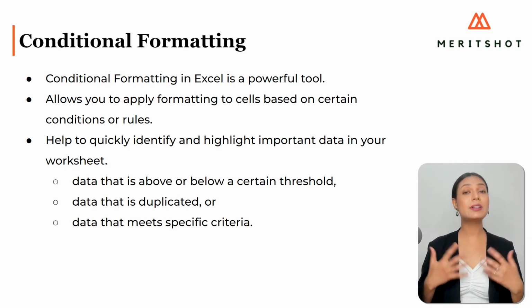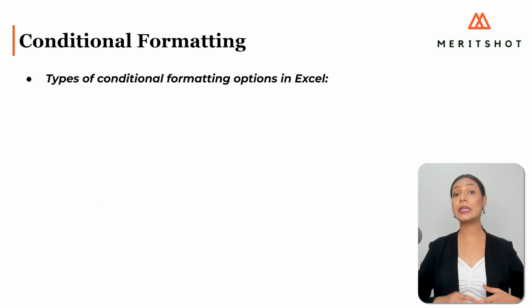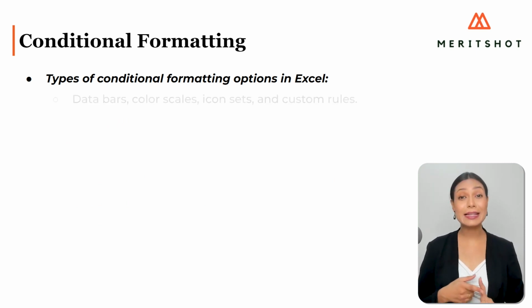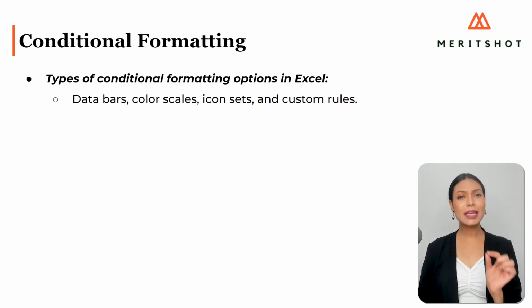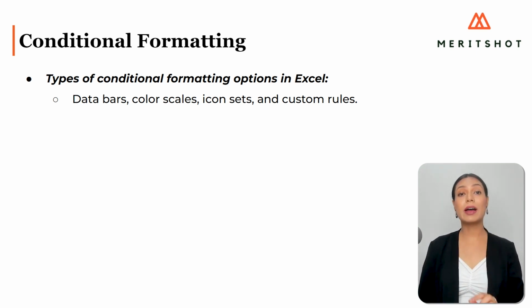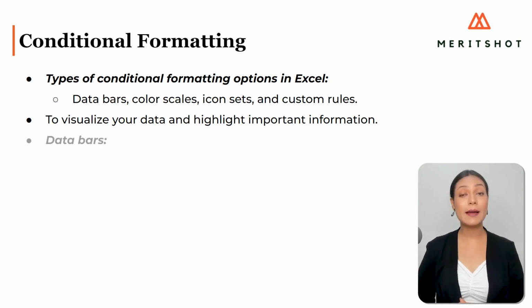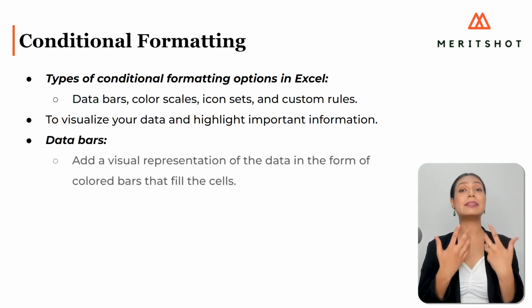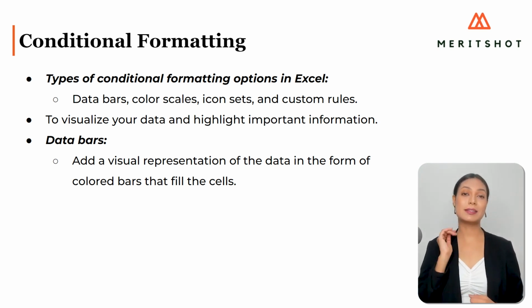There are several types of conditional formatting options in Excel, including data bars, color scales, icon sets, and custom rules. Each of these options provides different ways to visualize data and highlight important information. Data bars, for example, add a visual representation of the data in the form of colored bars that fill the cells.